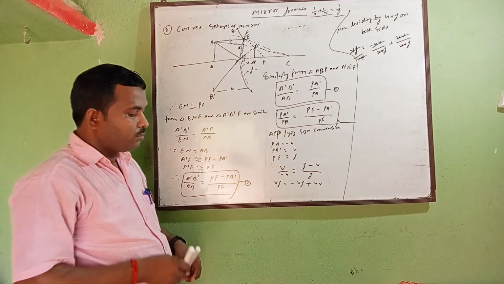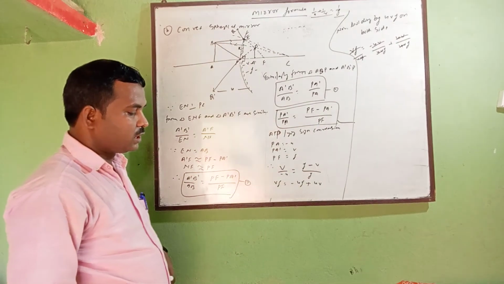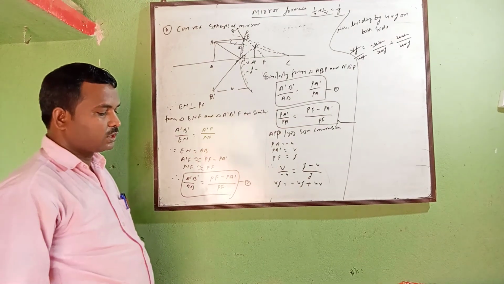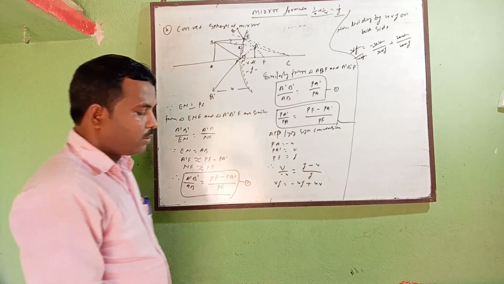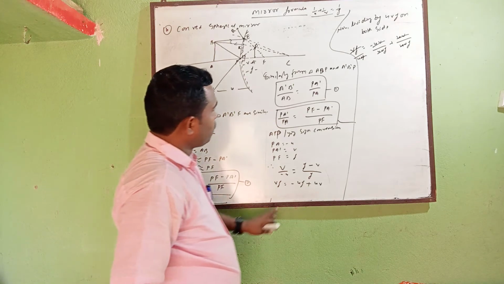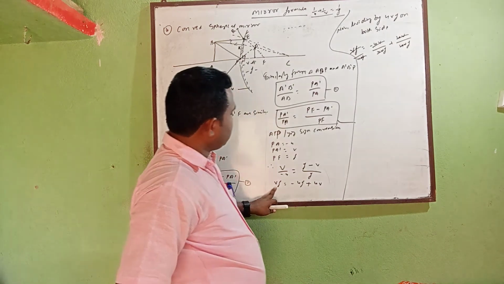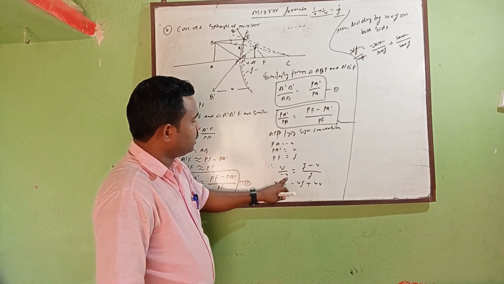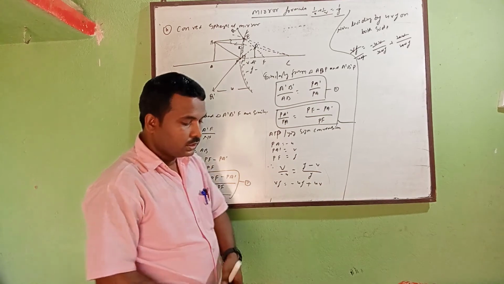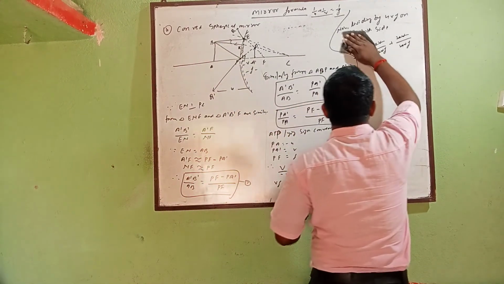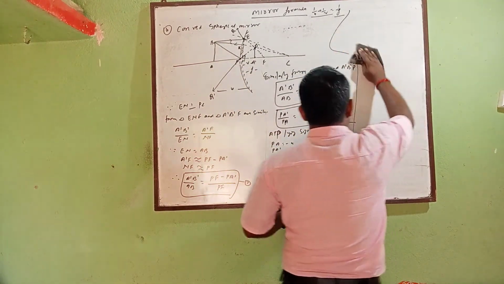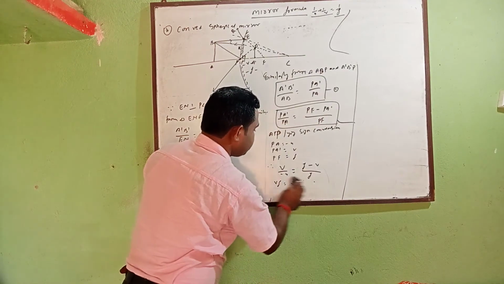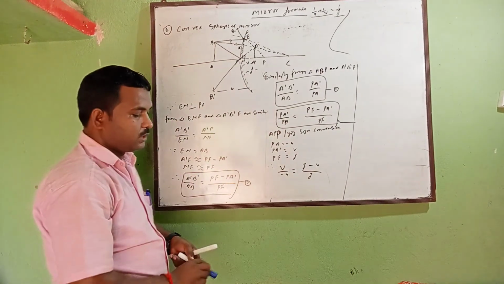See, we have the final equations. What is the final equation that we got? Multiplying by cross multiplying UV. See students, one more time, cross multiply this.